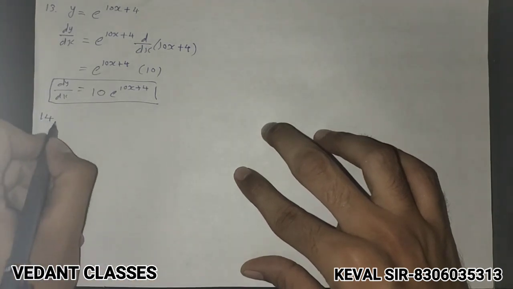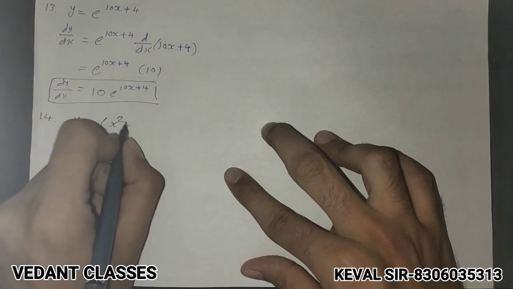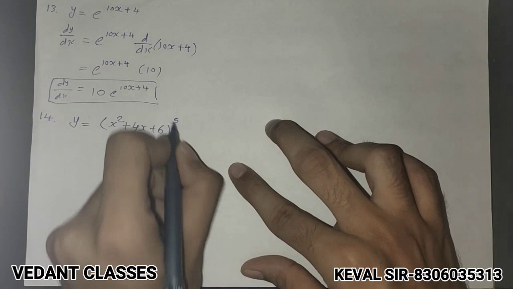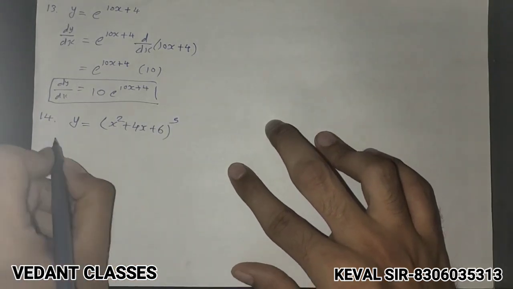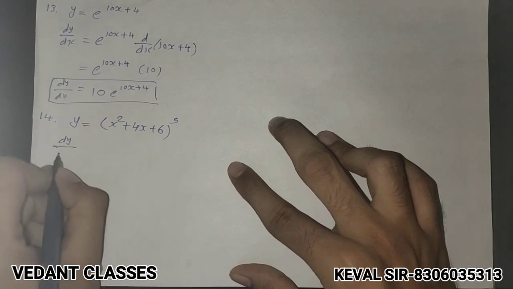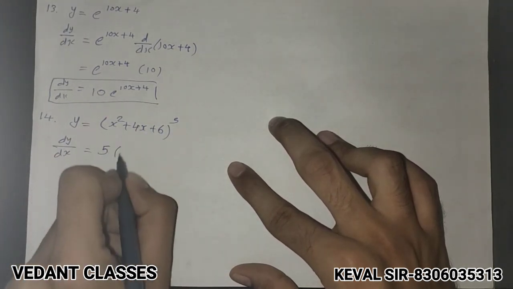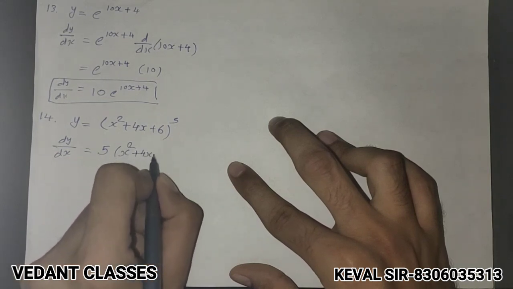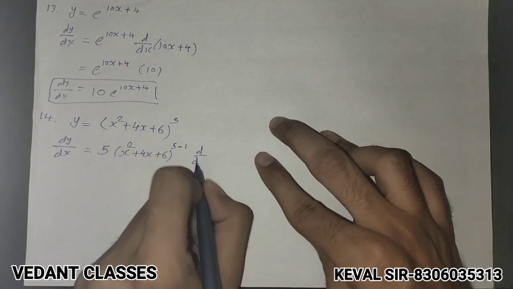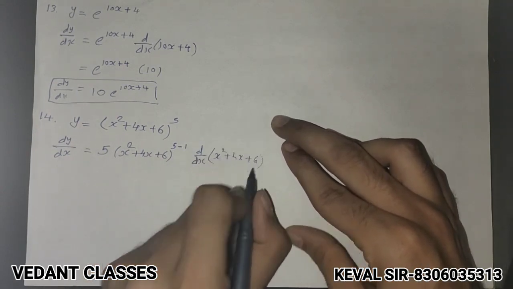That's all. The next one, 14th. Y is equal to x square plus 4x plus 6 raised to 5. Okay, so it is again a composite function. So dy by dx, first of all carry out the derivative of this power, so 5 into x square plus 4x plus 6 raised to 5 minus 1, and then carry out d by dx of x square plus 4x plus 6.